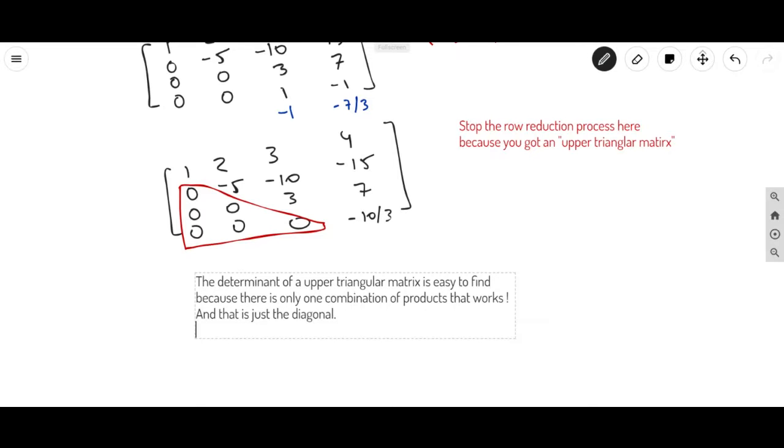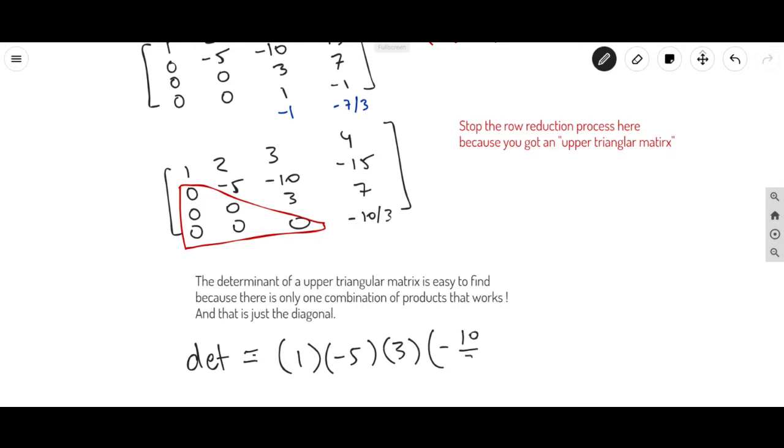So the determinant of this matrix, you multiply the numbers on the diagonal, which is 1, negative 5, 3, and negative 10 over 3. And if you multiply those numbers out, you will get 50. The determinant is equal to 50. And you can see that was pretty quick. We did not have to look at combinations.